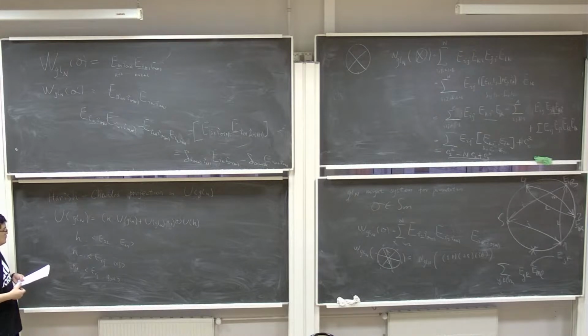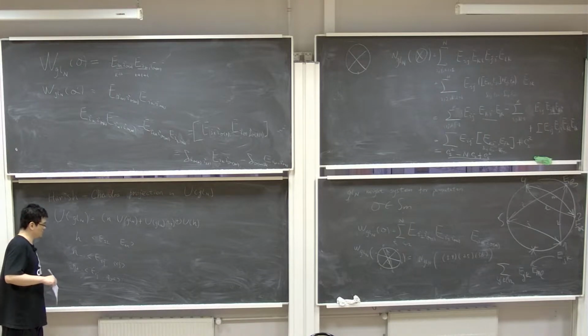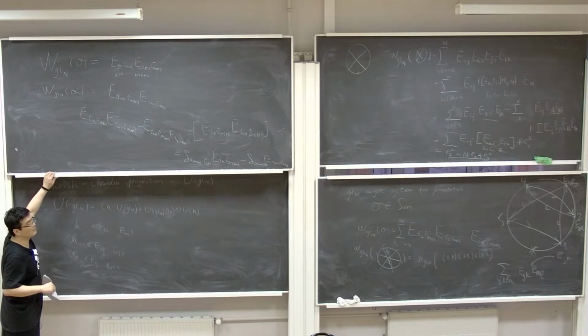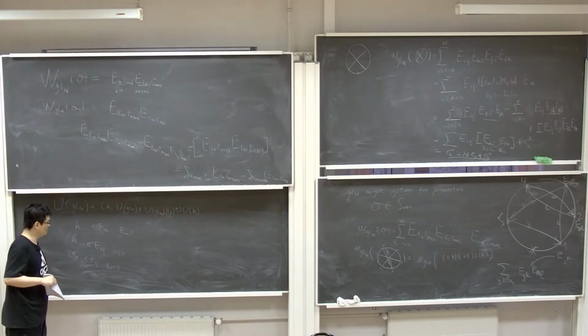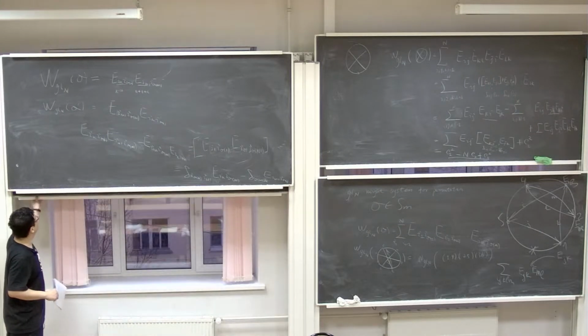If i is smaller than j, this is upper triangular, yes? Probably we should have i greater than j. Lower triangular are those in which i is greater than j. Okay.